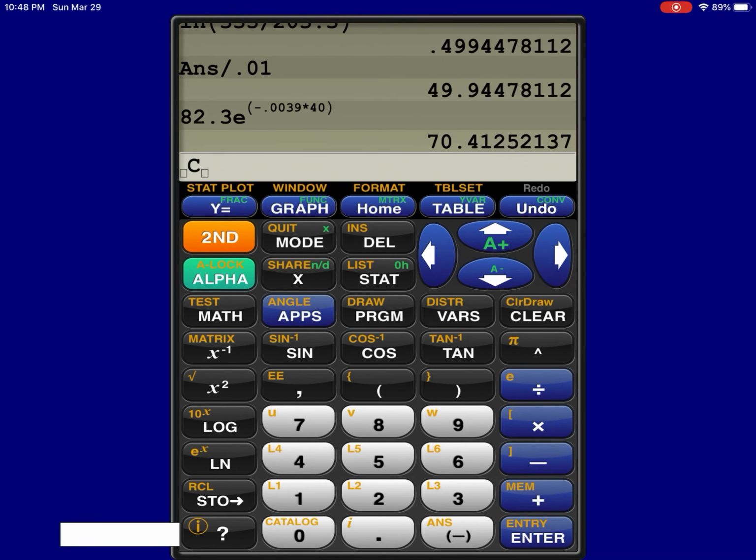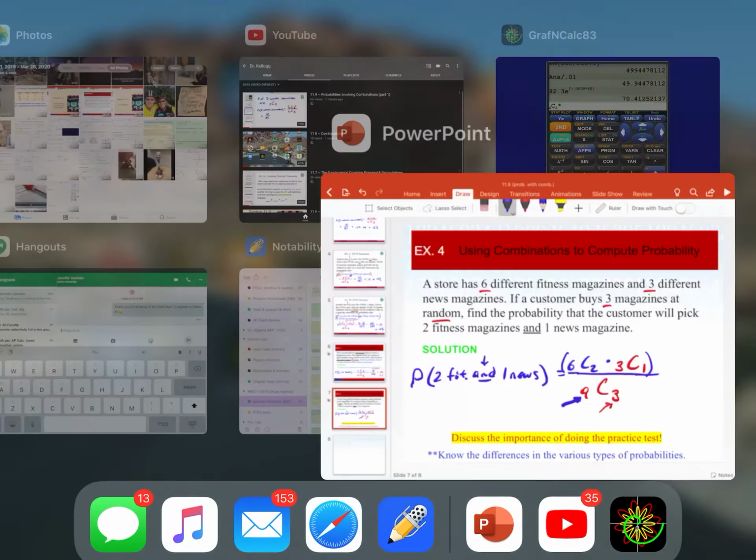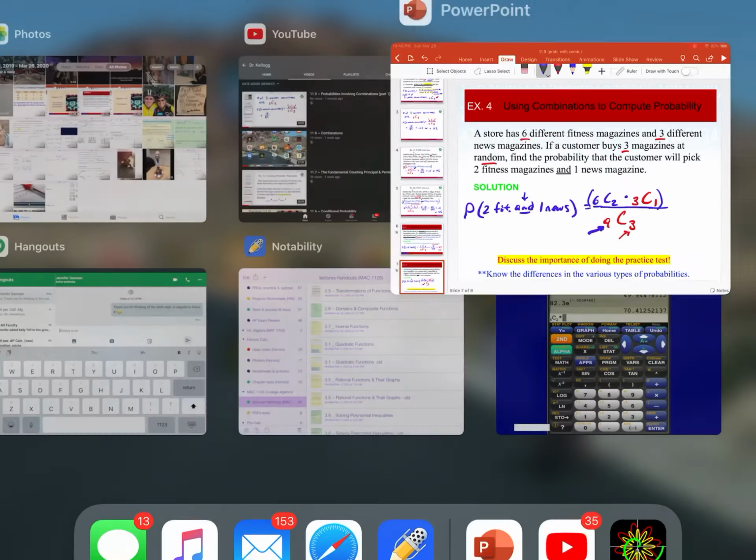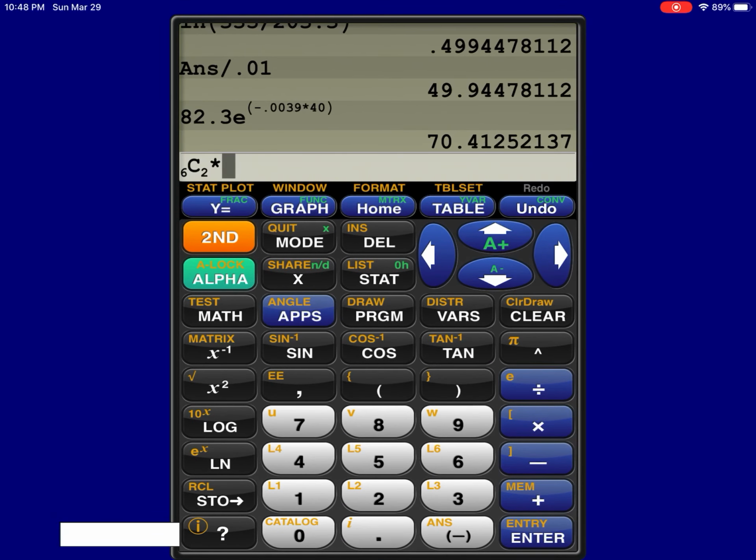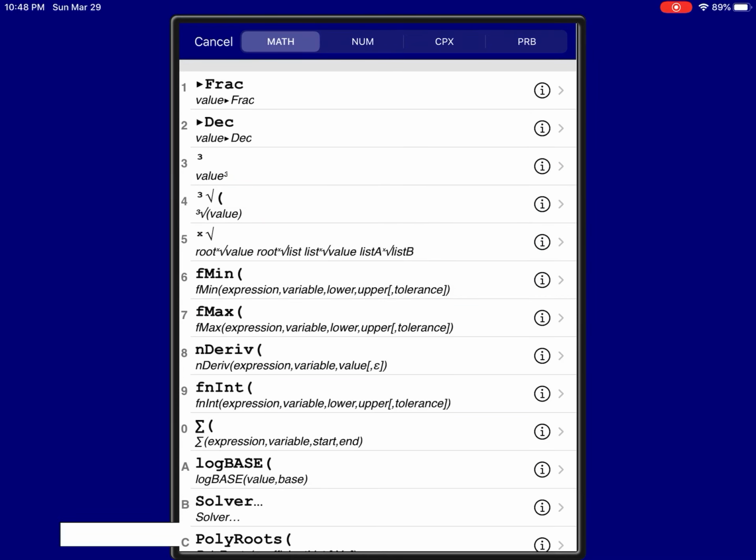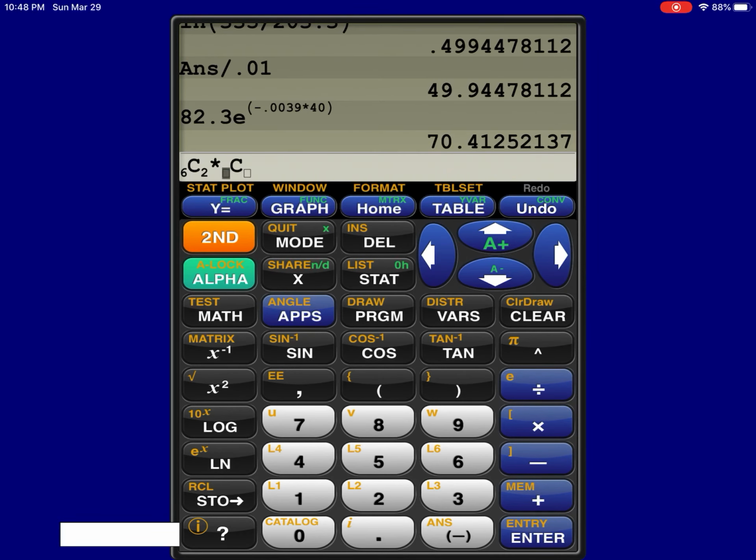So we're picking 2 from the fitness, and we're picking, how many news were there? I think there was 3C1. Okay. Math, probability, and we're picking 3. Now again, you could do this all at one time, but I want to see the top and bottom separately.